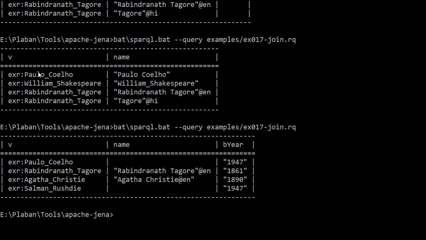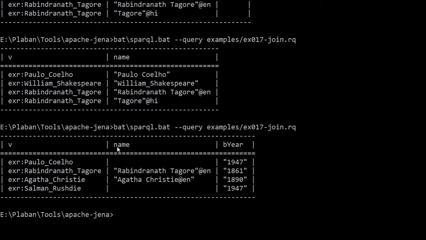In this solution, V is instantiated with the value Paulo Coelho, and in M2, V is also instantiated with Paulo Coelho, right? Now, name in M1 has been instantiated with the string Paulo Coelho, but name in the second solution set is not instantiated with anything.